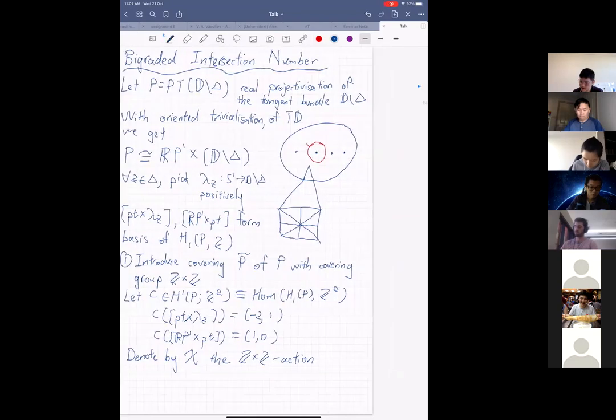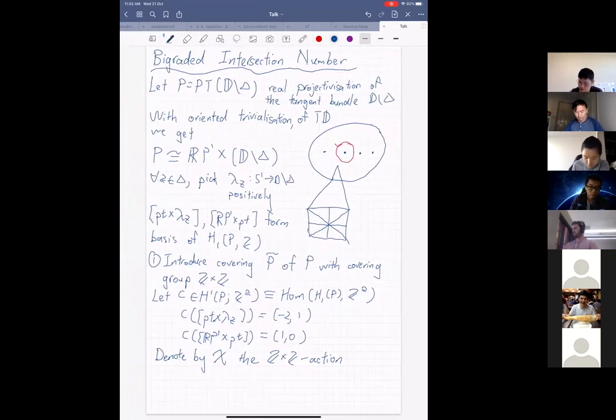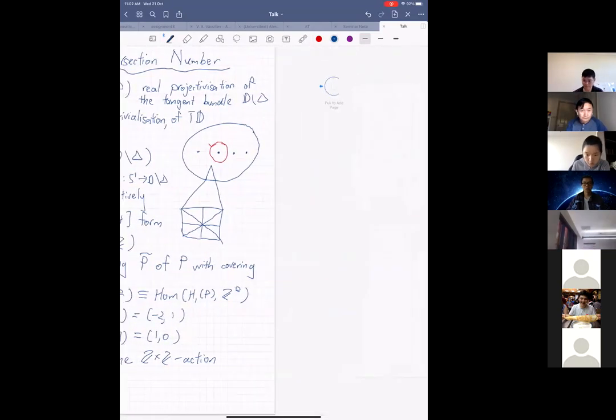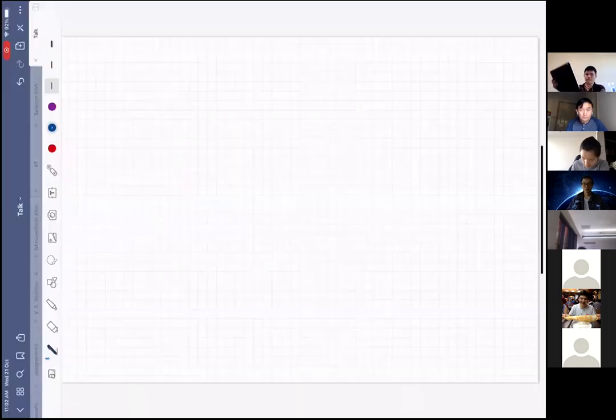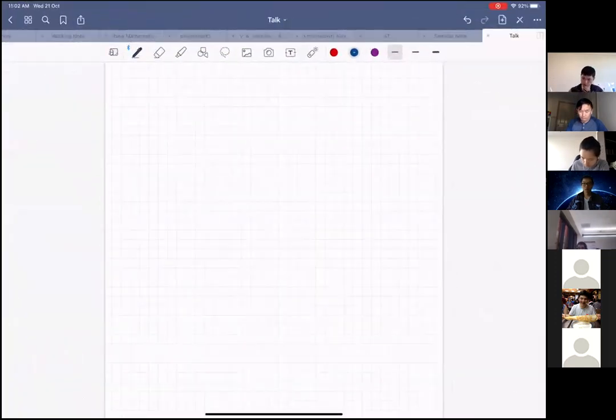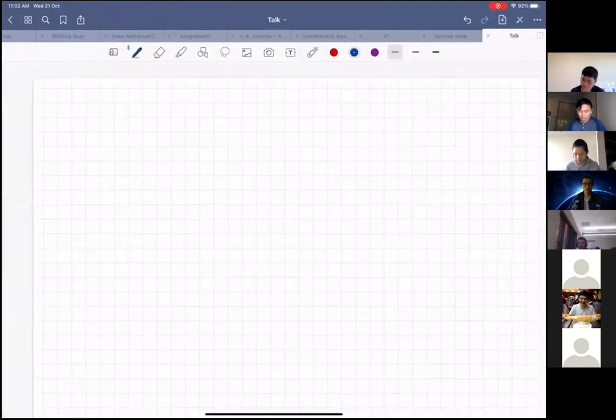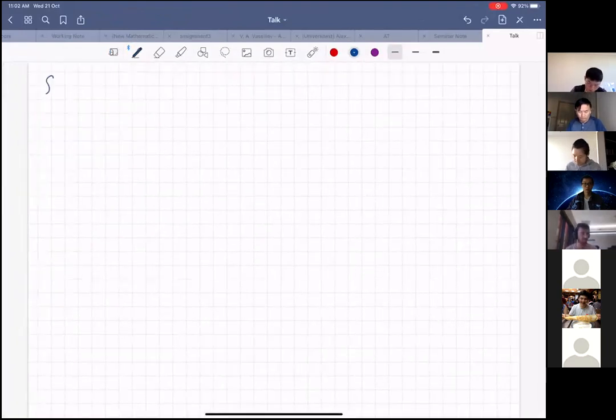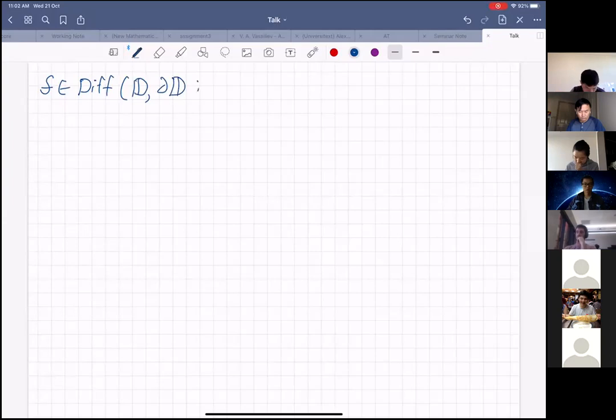After I set up this space, I should be able to lift all the curves to the covering space, right? And also the maps. So I will briefly explain here. Suppose we have a diffeomorphism of this disk, fixing the boundary and permuting the marked points or punctures.